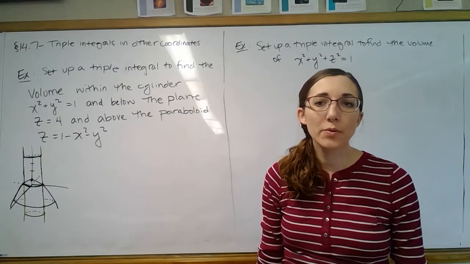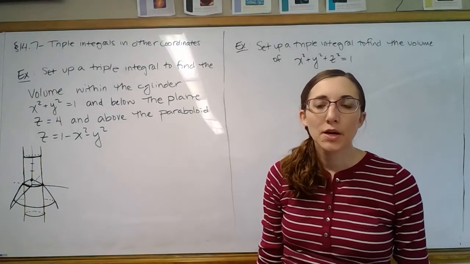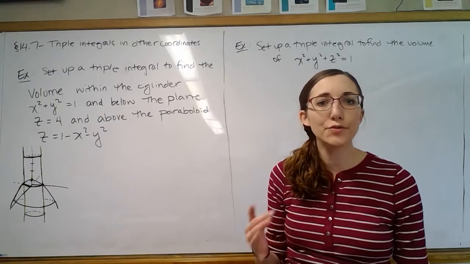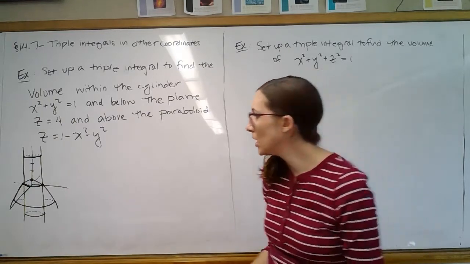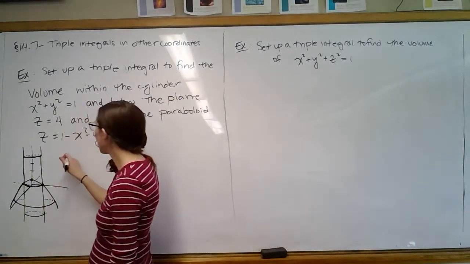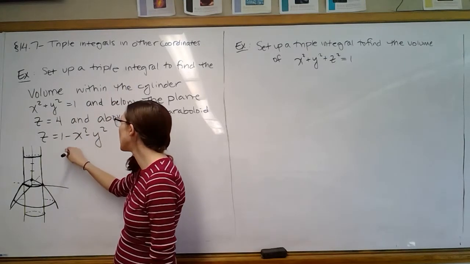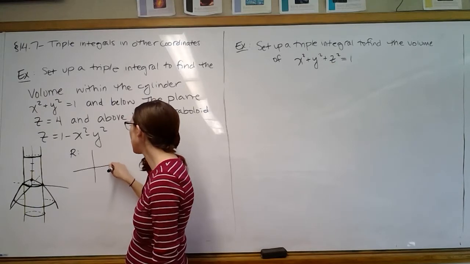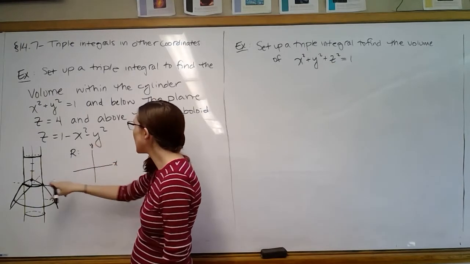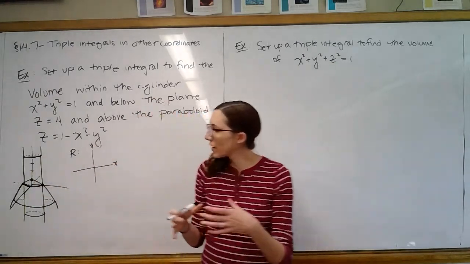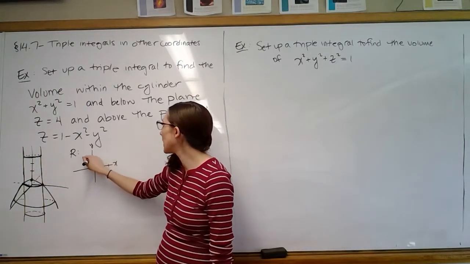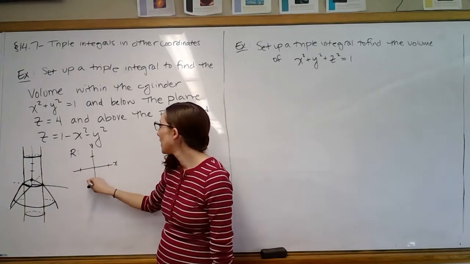So what we want to do is think about how to set this up. So we can think about what z goes from and to, and then what x and y go from and to. So real quick here, I haven't drawn it yet, but let's draw the region R as well. So the region R is just in the xy plane. And if we picture it on there, it's just where it intersects the x and y axes, and it intersects at every point at 1.